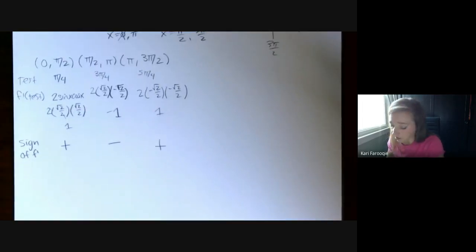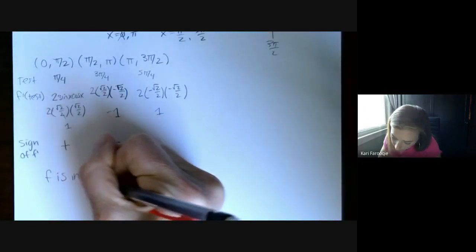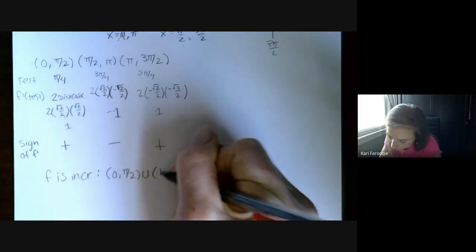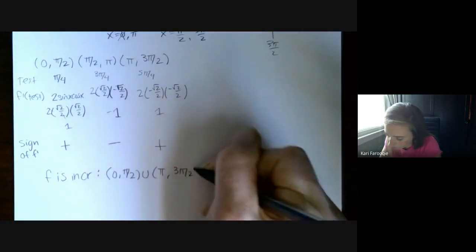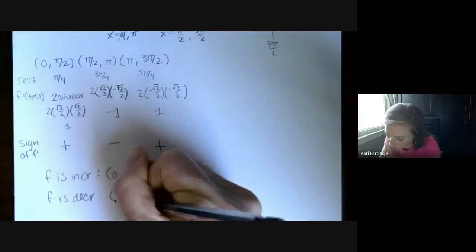Okay, so now we can make some conclusions about our function. We can say that f is increasing on 0 to pi over 2, and then pi to 3 pi over 2, and f is decreasing on pi over 2 to pi.